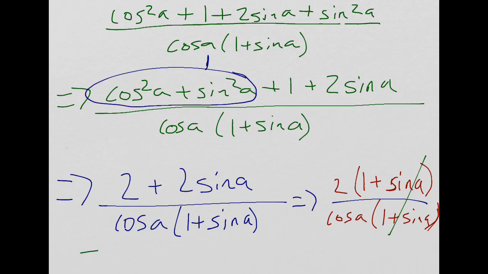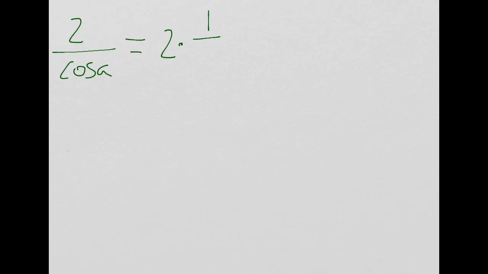So that would give you 2 over cosine A. And 1 over cosine is what? If I wanted to, I could rewrite this as 2 times 1 over cosine.